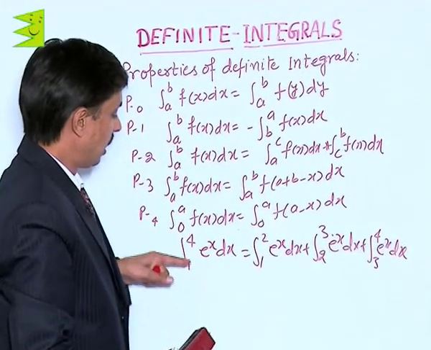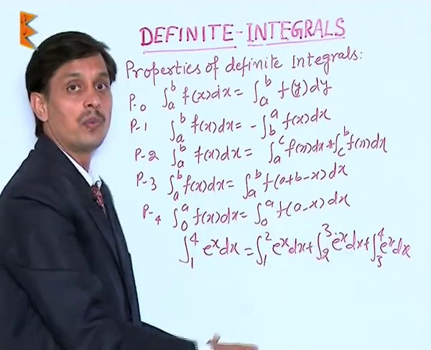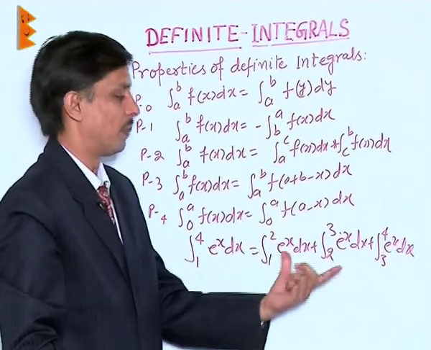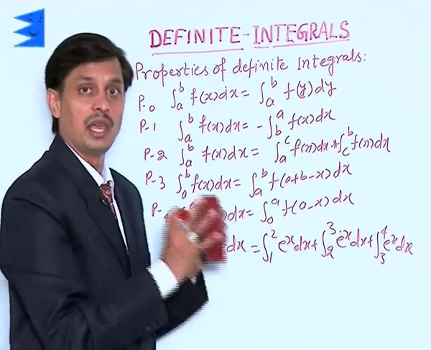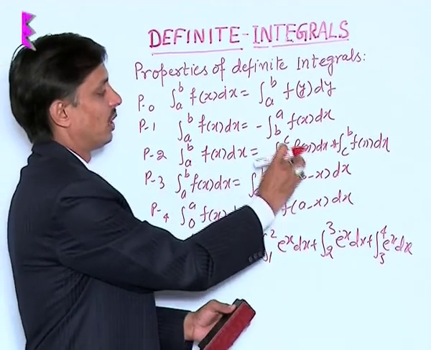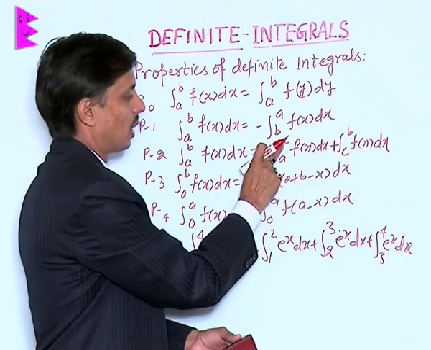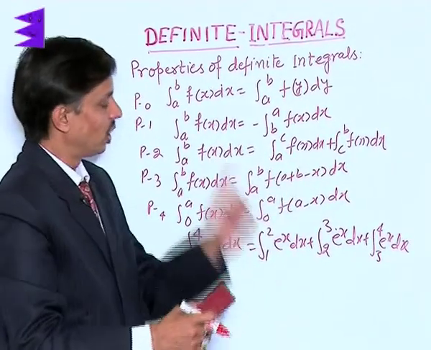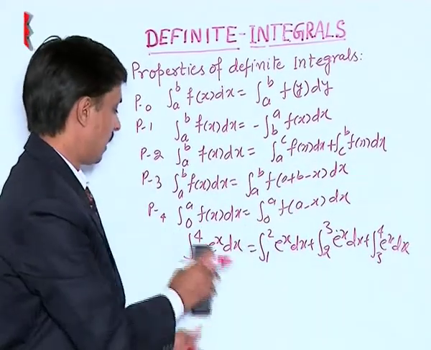So ultimately we can break the limits into as many parts as possible between lower and upper, but the final answer will remain the same. So the integral from a to b of f(x) dx equals the integral from a to c plus the integral from c to b, where the thing to note is that c lies between a and b.